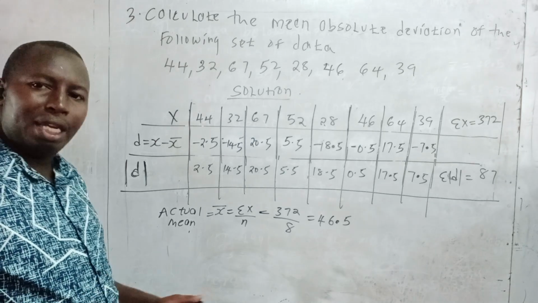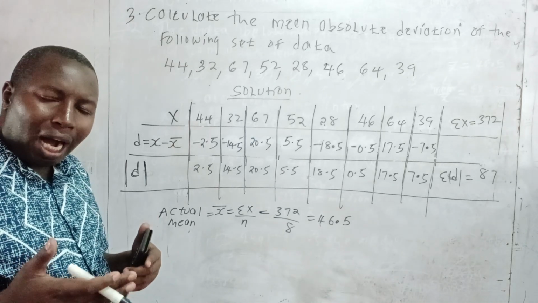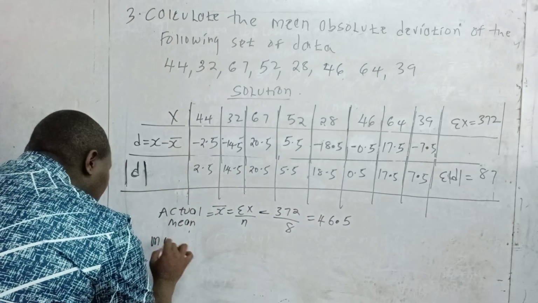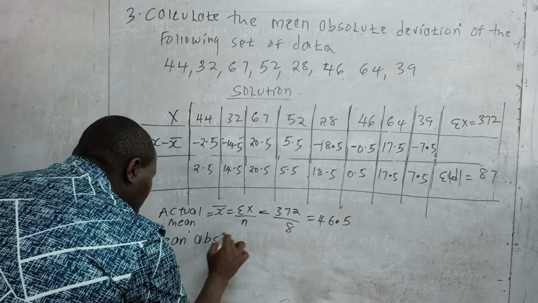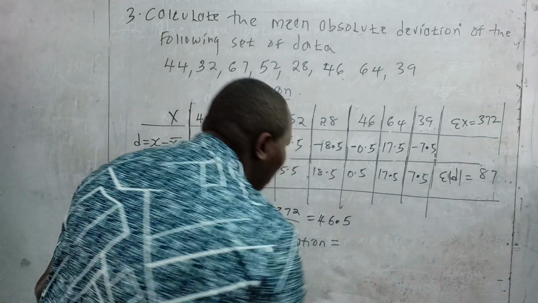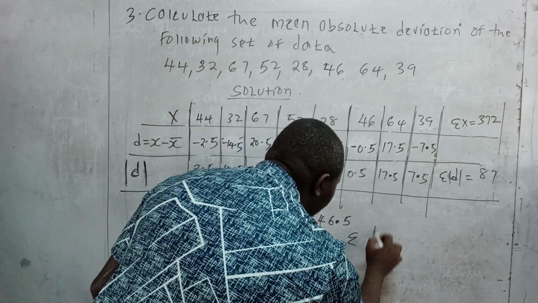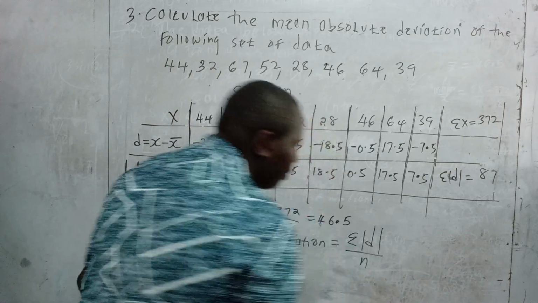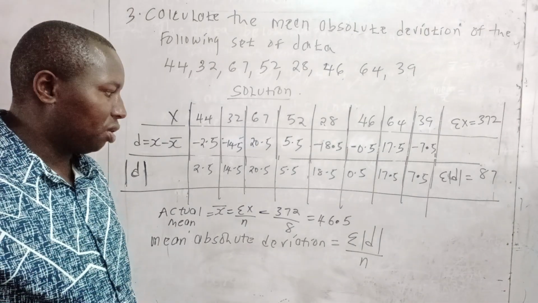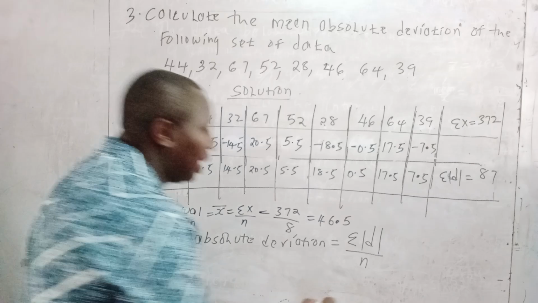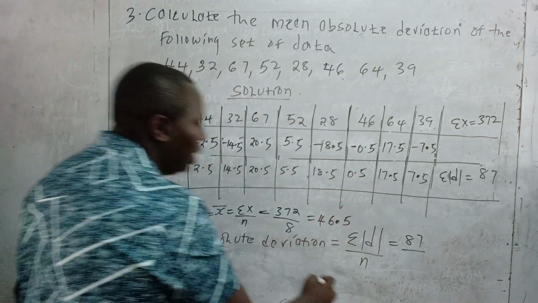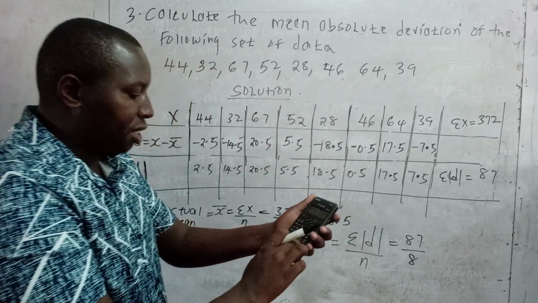Then you get their mean. The mean of the absolute deviations is what we call the mean absolute deviation. So the mean absolute deviation will be calculated by the sum of the absolute deviations over n. You take 87 divided by 8, since n was 8.